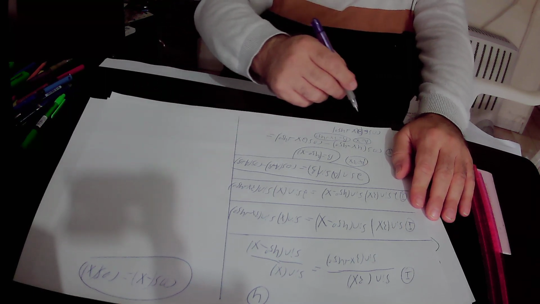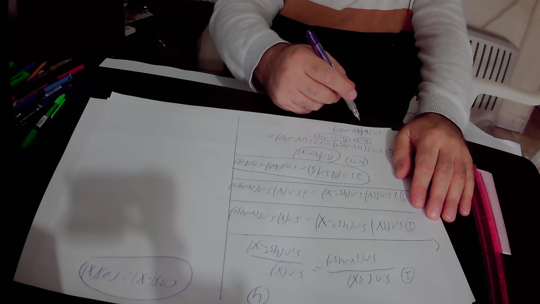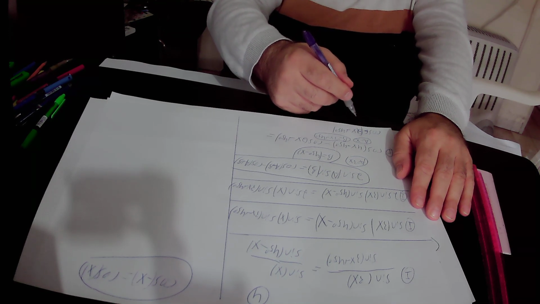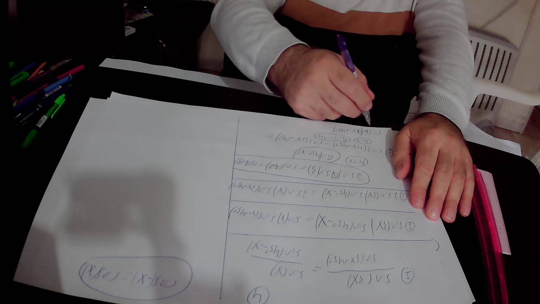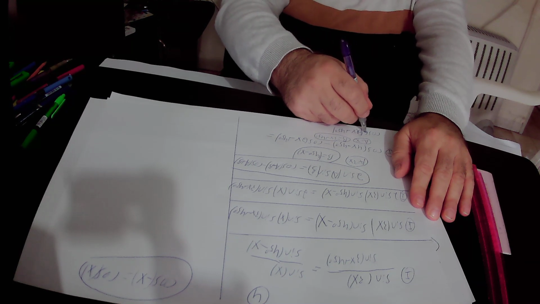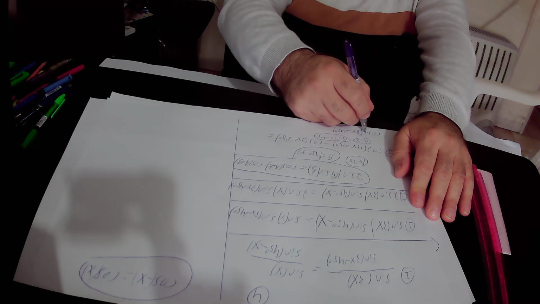We will get that cosine of minus 2x plus 45 degrees is actually cosine 2x plus 45 degrees. We change the negative sign to a positive sign.